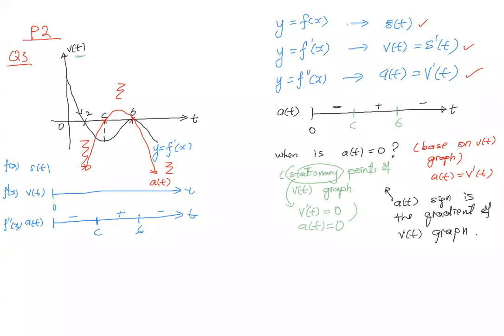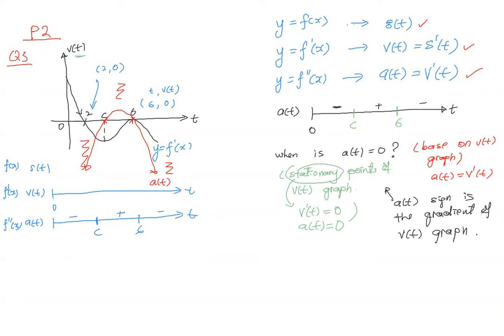Cindy, can you tell me when is the velocity equal to 0 based on the velocity time graph? How do you read this point? The x coordinate is the t. The y coordinate is the vt. So this point I read as 6, and this point I read as 2.